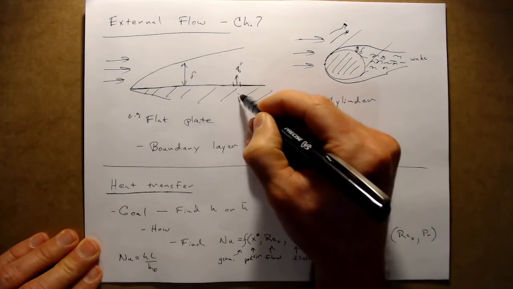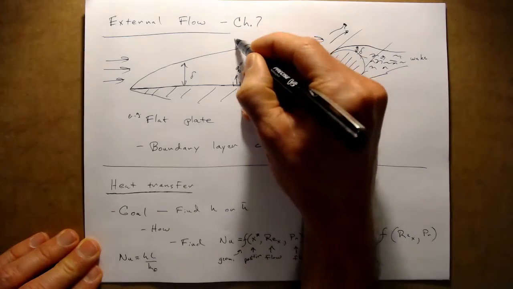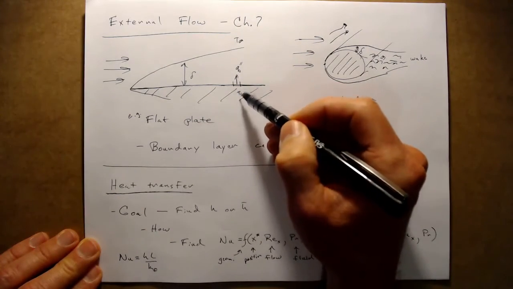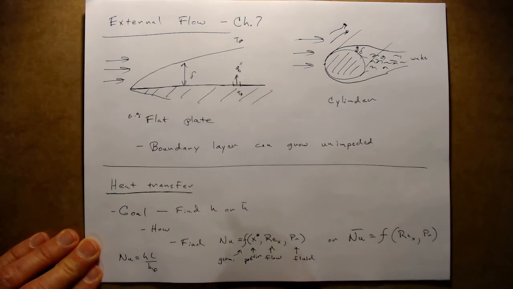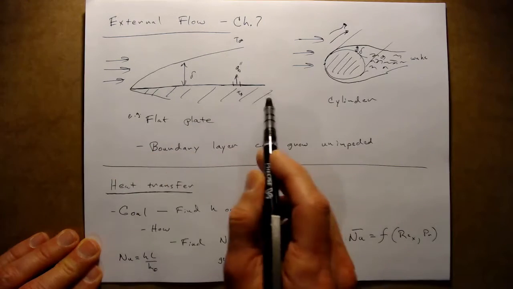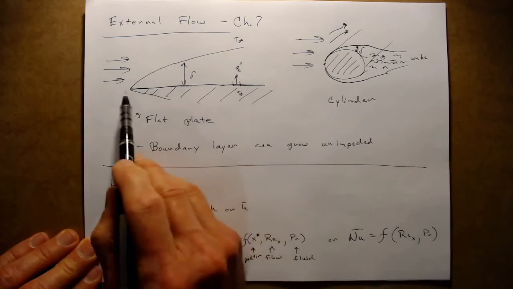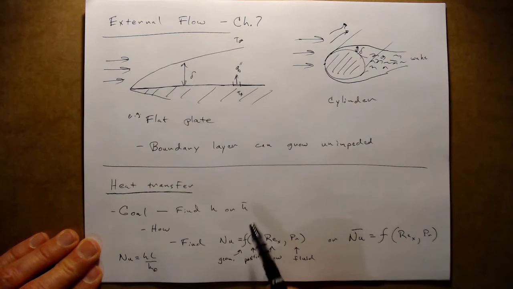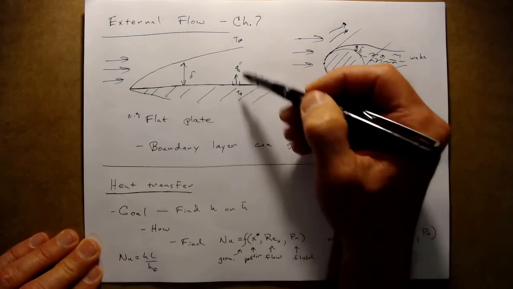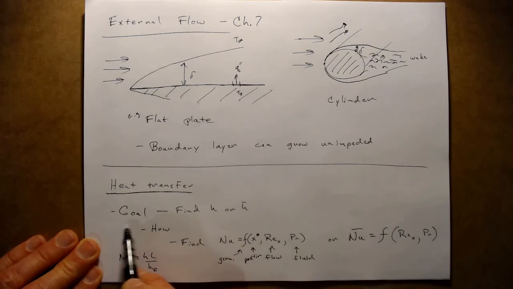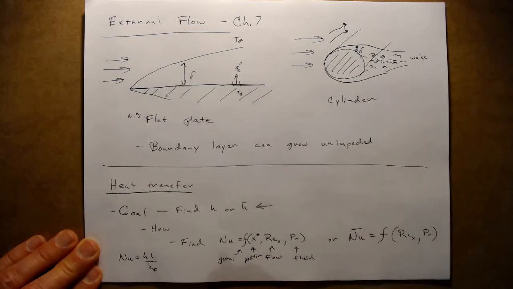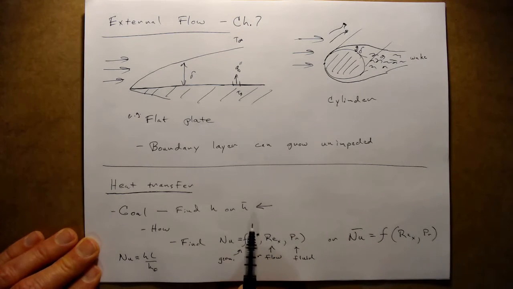In other words, if I had a surface at some temperature and a flow at some temperature, how much heat flux would I expect from a given point on that surface, or how much heat flux would I expect from the surface on average? So if I integrated all the heat fluxes over the surface and divided by the area, what heat flux would I expect on average for a given temperature difference? So basically, this is what we're going to try to find when we're looking at convective heat transfer problems.